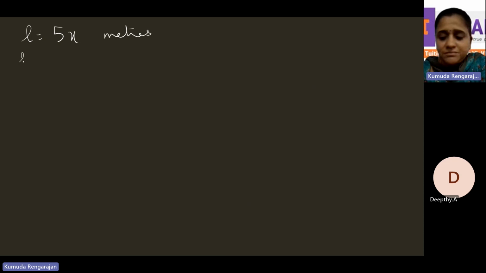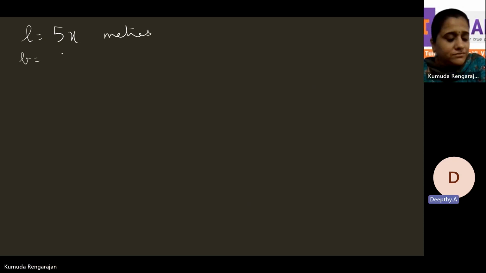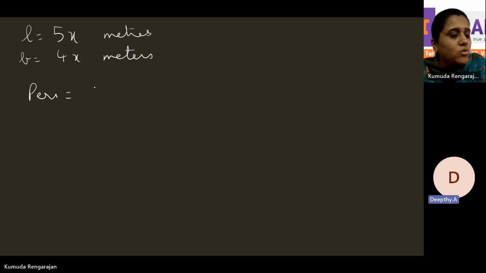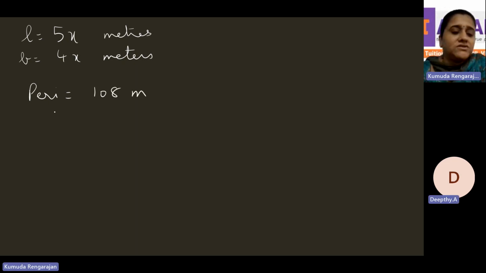So tell me, let's work the same thing again. The alternate solution, let the length be 5x meters. Then Deepti, let the breadth be 4x meters. What is the perimeter given? 108 meters.